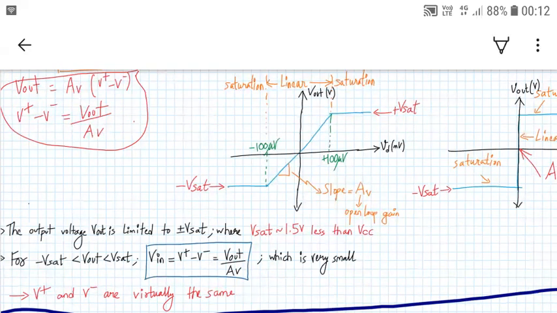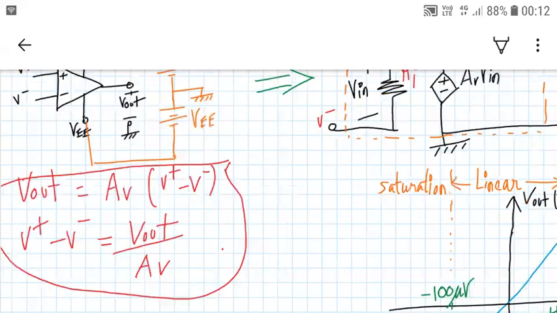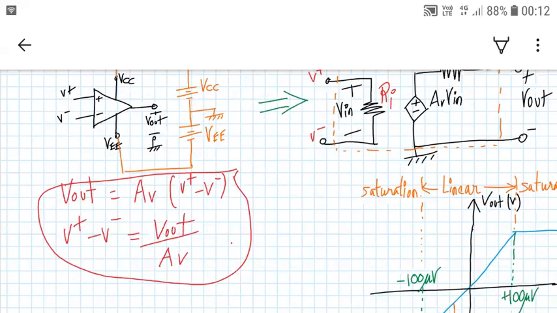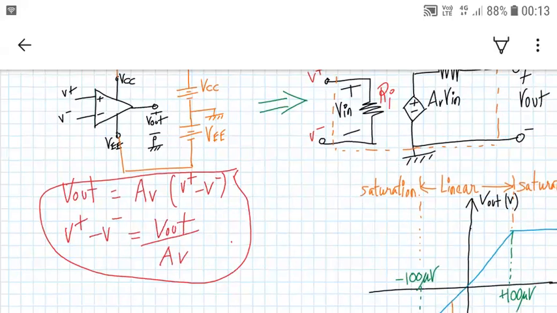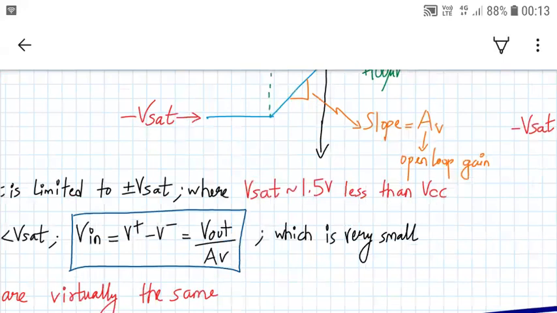Where does it come from? We know that if the op-amp is in the open loop configuration with a gain of AV, we can write Vout is equal to AV times V plus minus V minus. Hence we can write V plus minus V minus is equal to Vout upon AV.